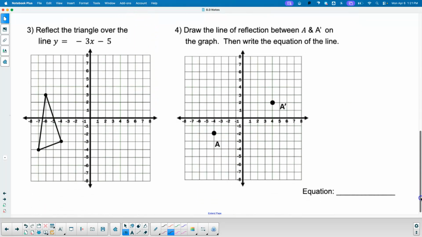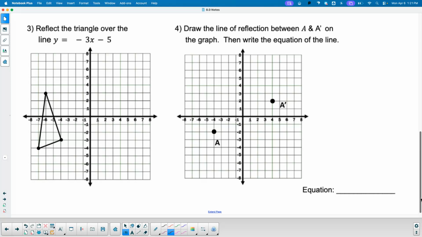In number 3, it says that we need to reflect the triangle over the line y equals negative 3x minus 5. So first off, what can you tell me about the line y equals negative 3x minus 5? Because we got to have that on our graph first. What can you tell me about that line?